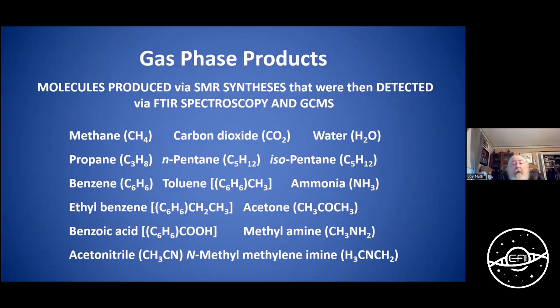We get a variety of compounds, a whole variety of compounds in the gas phase, and after we do GCMS analysis, the simple compounds, carbon dioxide, methane, and water, even more complex alkanes. We get aromatics. We make ammonia, and that ammonia also reacts with the materials that we're making. We get the aromatics, ethylbenzene, benzoic acid, methylamine, so the precursors for amino acids, and even more complex hydrocarbons.